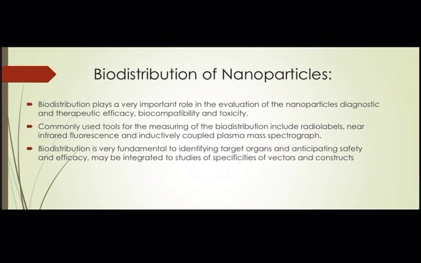Moving towards the next slide, this is the biodistribution of nanoparticles. Biodistribution basically plays a very important role in the evaluation of nanoparticle diagnostic and therapeutic efficacy, biocompatibility, and toxicity. Commonly used tools for measuring biodistribution include radiolabels, near-infrared fluorescence, and inductively coupled plasma mass spectrometry.